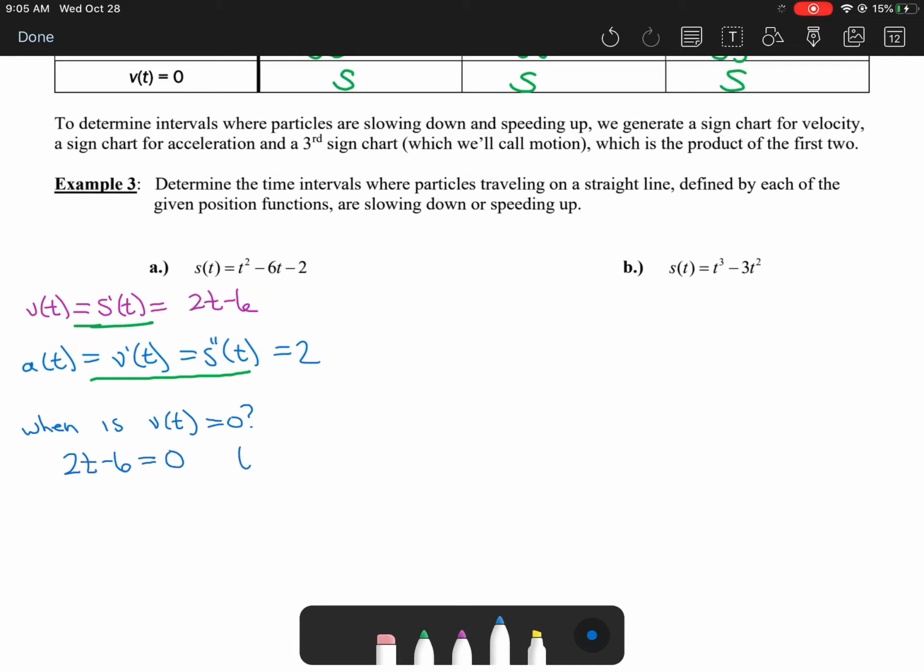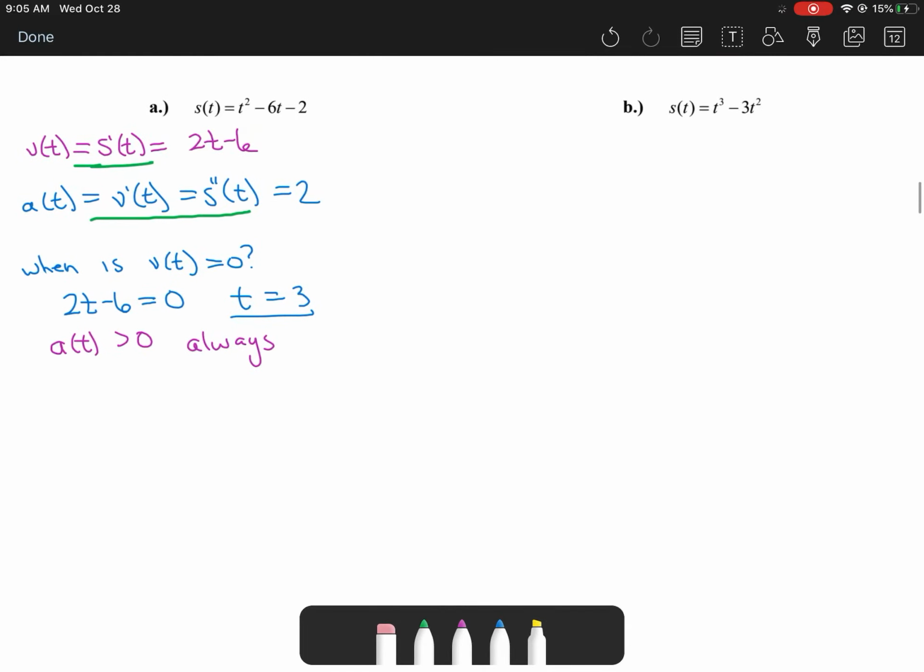So I take 2t minus 6, set it equal to 0, and I get t equals 3. Now with acceleration, my answer is just 2. So a of t is always greater than 0. Your acceleration is never 0 in this case.